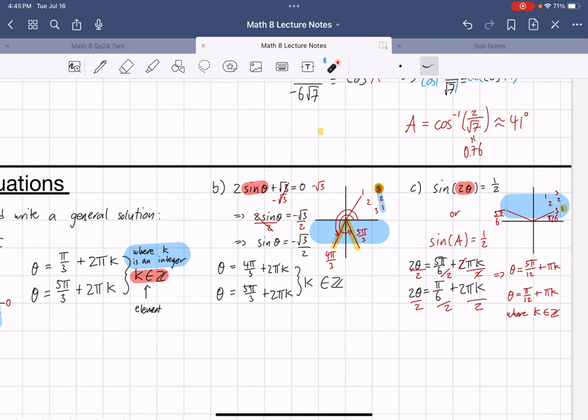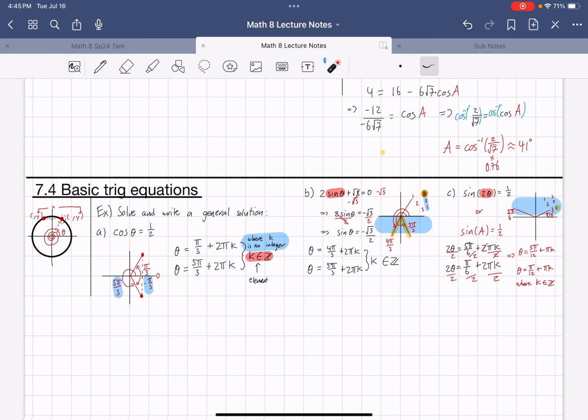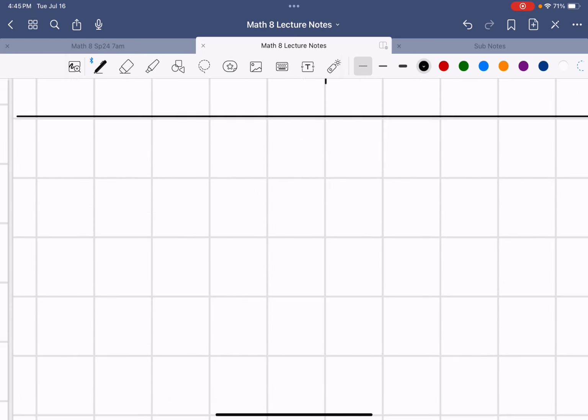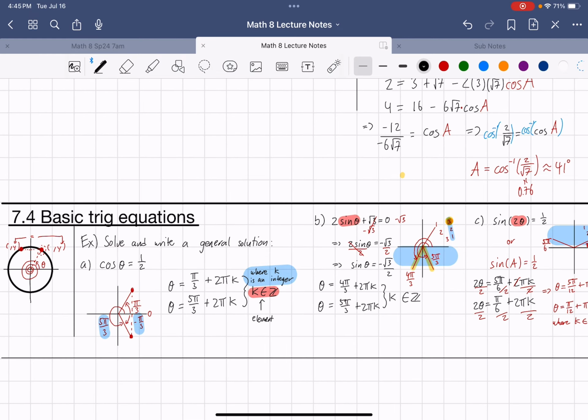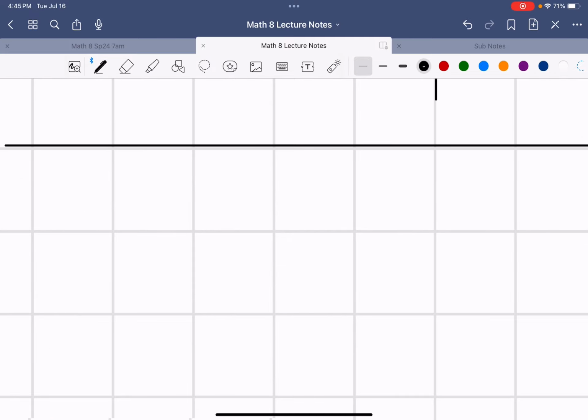Now, let's look at the part that I keep saying: what makes these problems more challenging is algebra. So where are we at? A, B, C, and then here is a perfect example of what makes these problems a little bit more challenging.